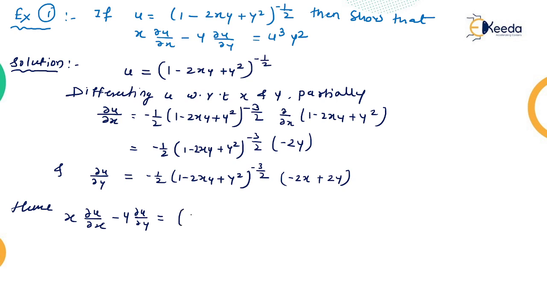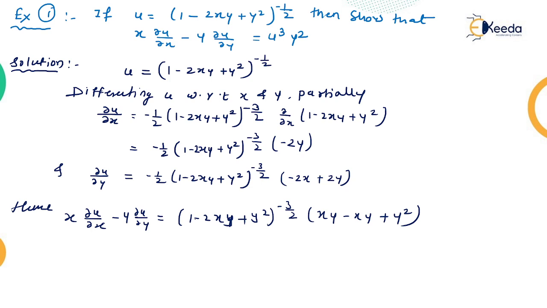It will become the bracket (1 − 2xy + y²) to the power minus 3 by 2 into (−xy + ... ) just add them up and take the common term.